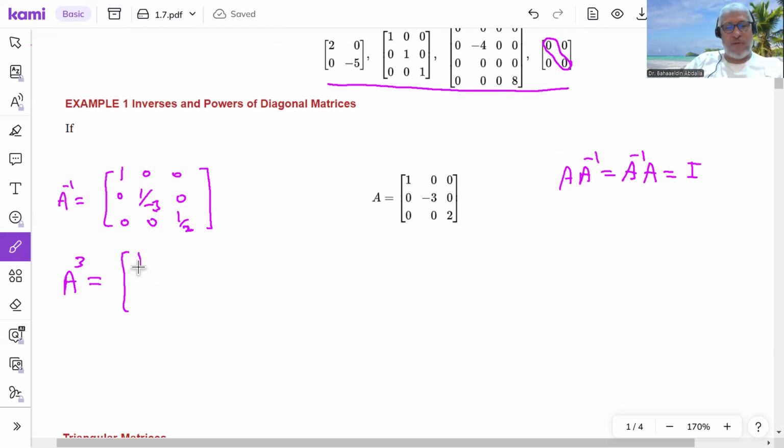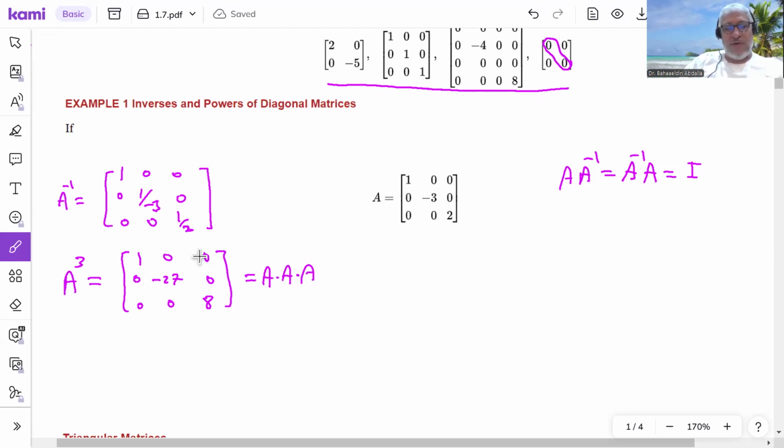So 1 to the power 3 is 1, -3 to the power 3 is -27, and 2 to the power 3 is 8. If you multiply A times A times A, you will get this answer.